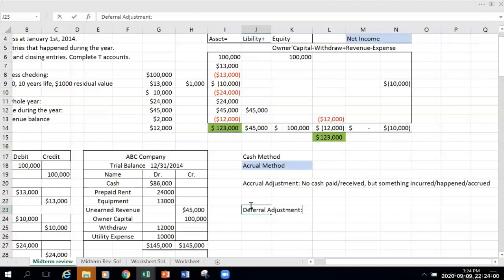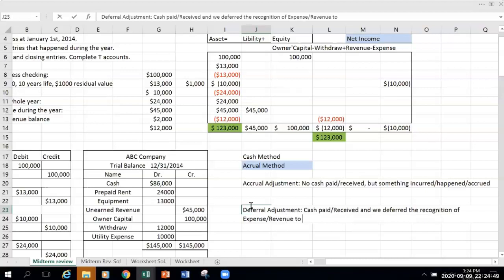So in a deferral adjustment, cash is paid or received, and we deferred the recognition of expense or revenue to the future, and the future is the end of the year.